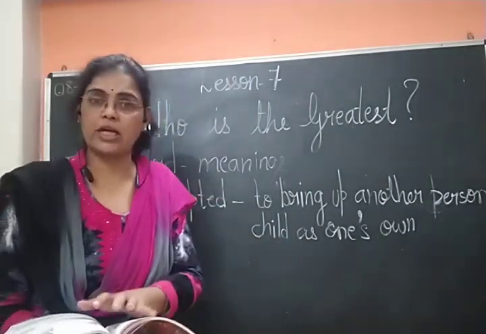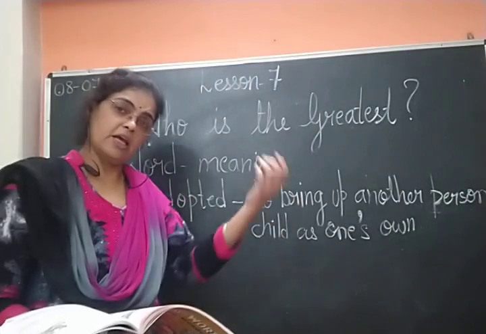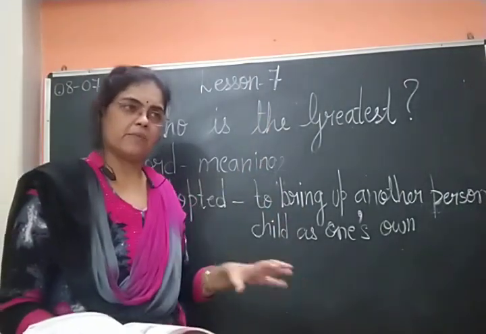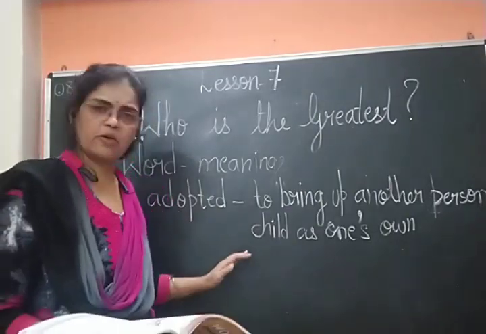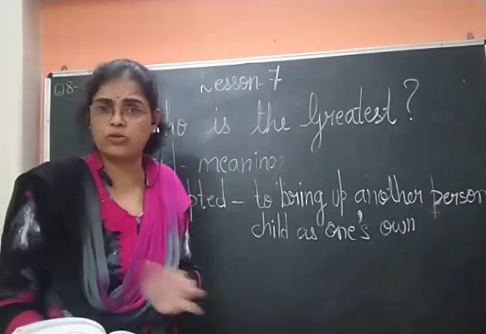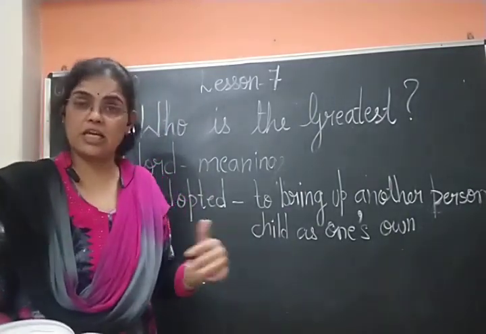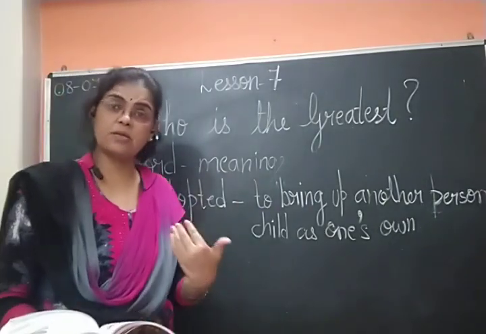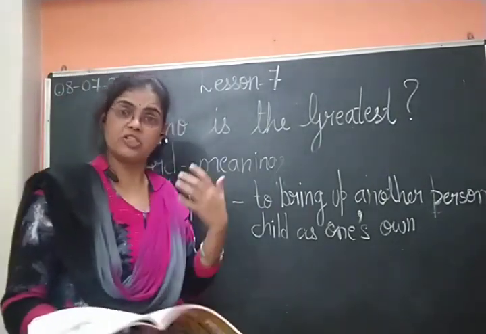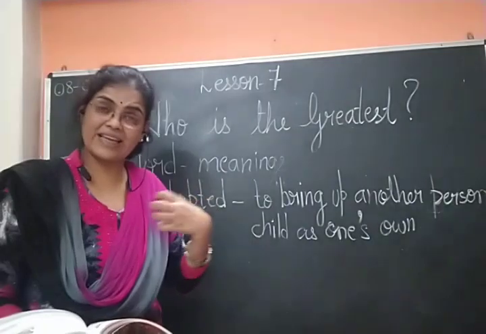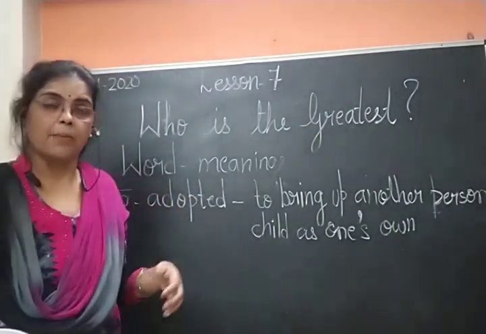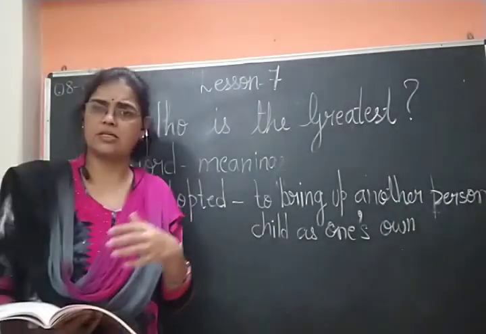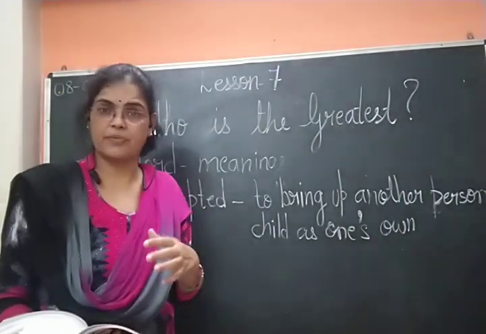And in this story, the farmer, I'll be explaining, that girl was not his own child, but the farmer treated that daughter like his own daughter. He raised her. Parents do so many things to raise their children, isn't it?